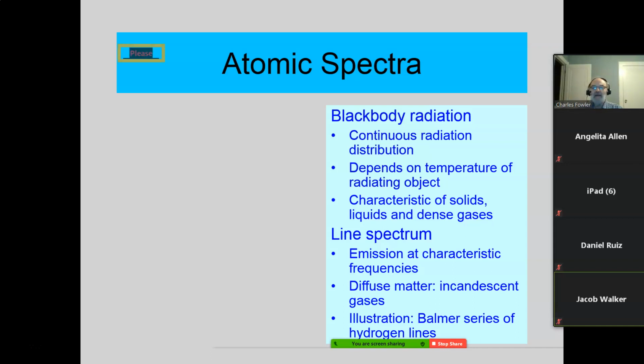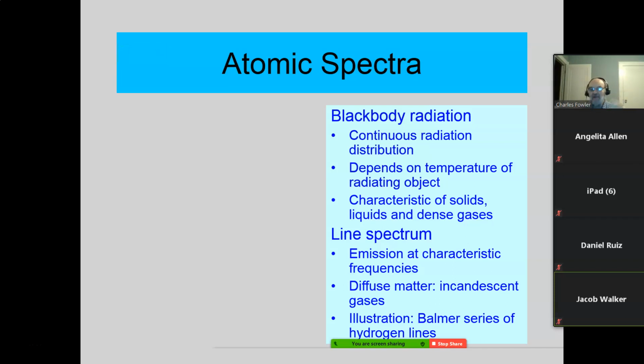For any old thing, especially something you might be heating up and it's emitting radiation, if it's just a big mixture of everything, then you have a continuous radiation distribution, and that's called black body radiation. How intense that discharge of radiation will be depends on the temperature of the radiating object.